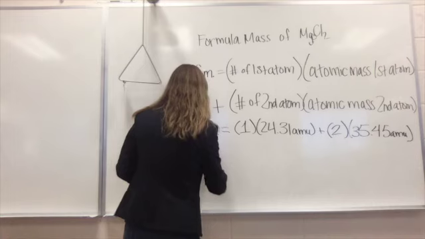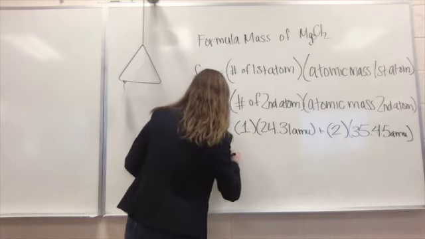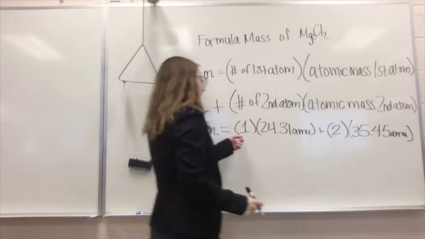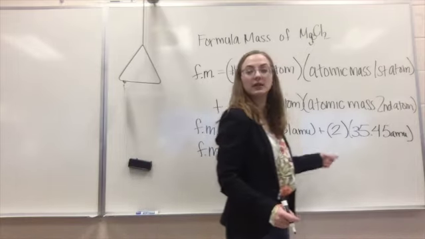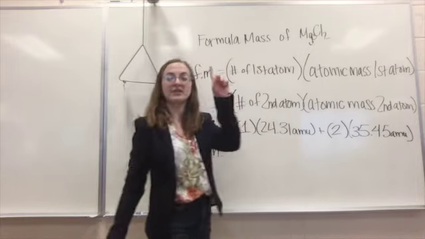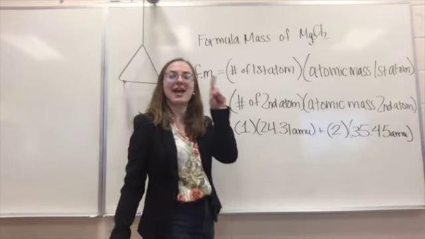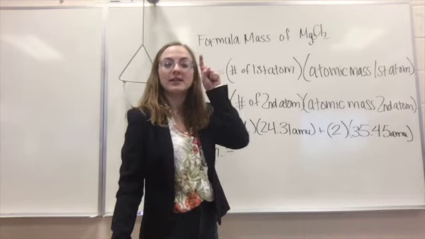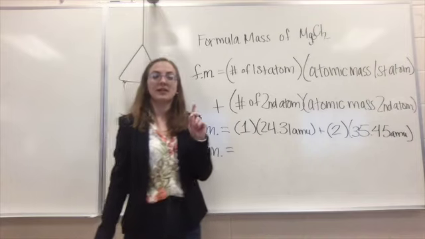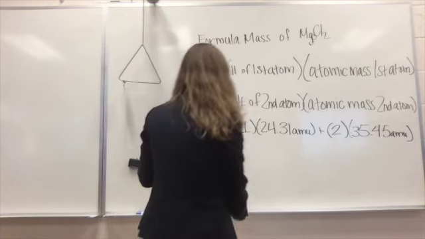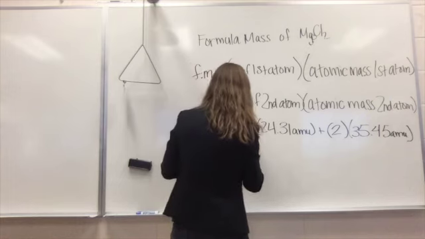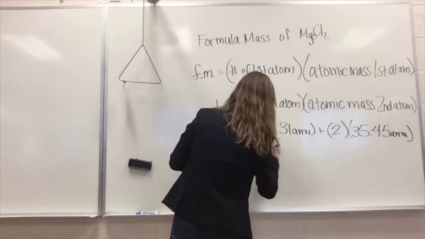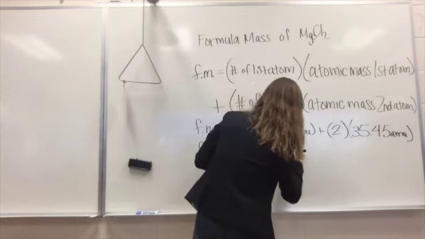So here, again, my counting numbers are not going to interfere with my significant figures because if I have exactly 1, I have an exact number, it does not interfere with my significant figures. So, therefore, I'm going to have 24.31 AMU.